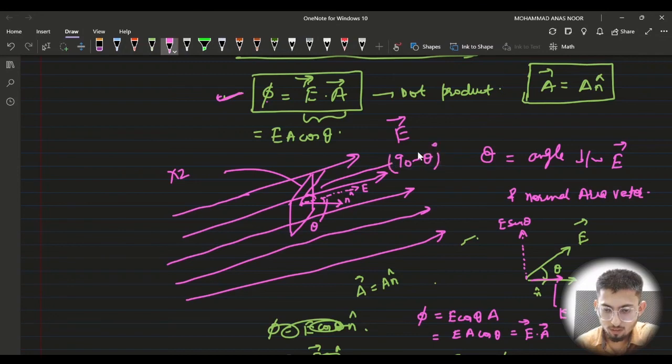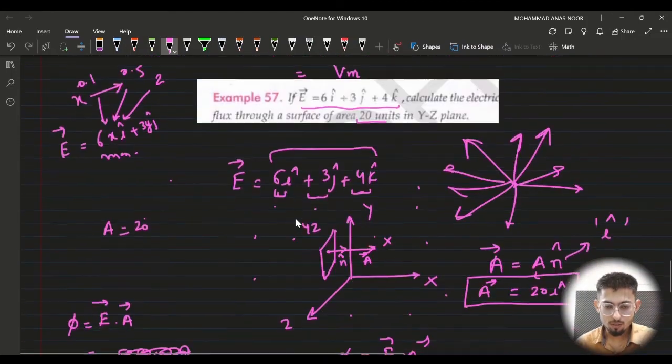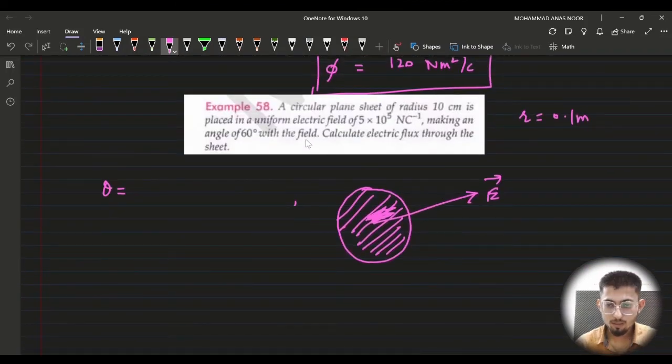That angle is given to us. So the angle between the normal unit vector and the electric field would be 90 minus 60, so theta will be 30.